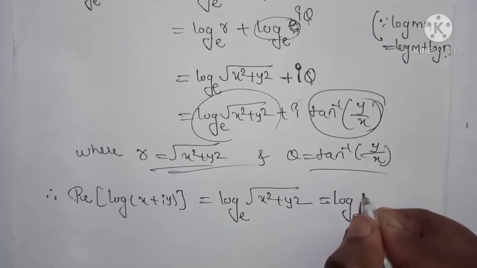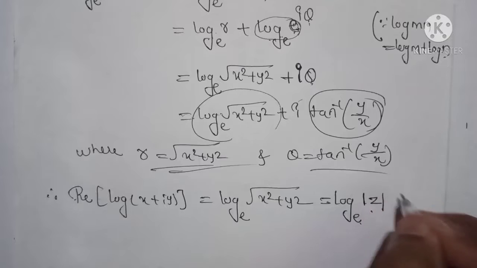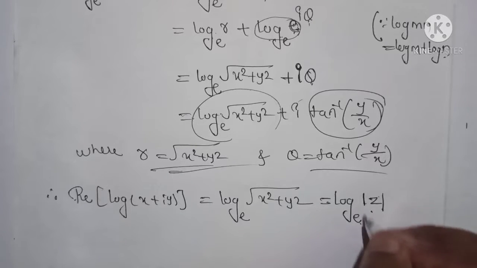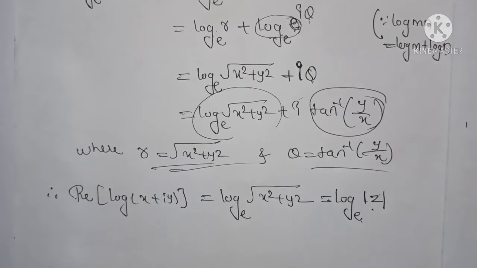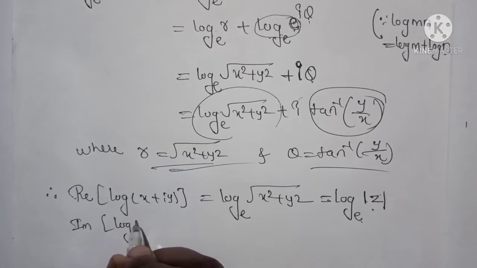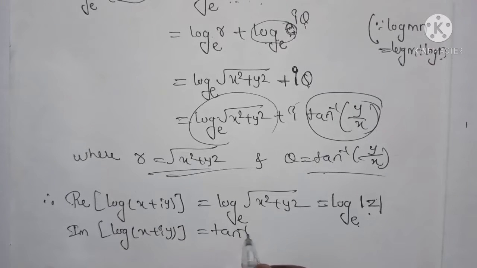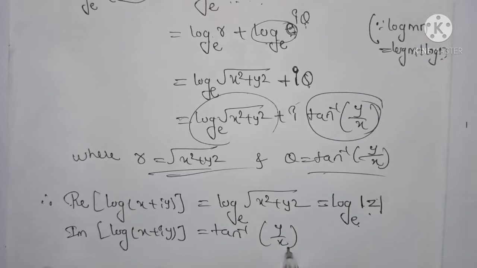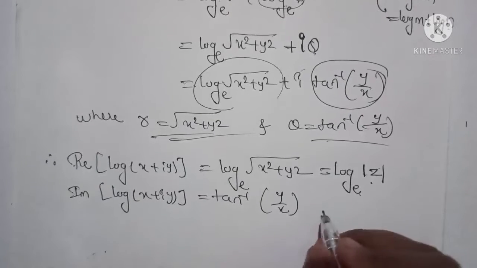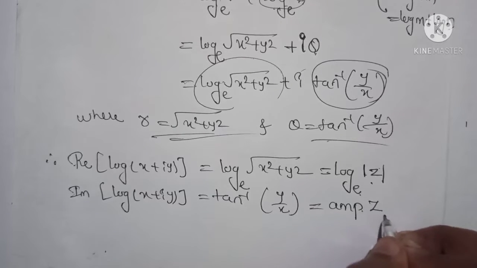This is nothing but mod z, or you can write it as r also. And the imaginary part of log of x plus iy is tan inverse of y by x, which is also called the amplitude of z.